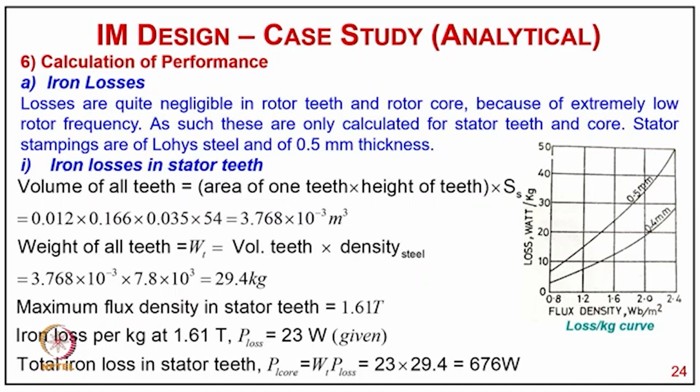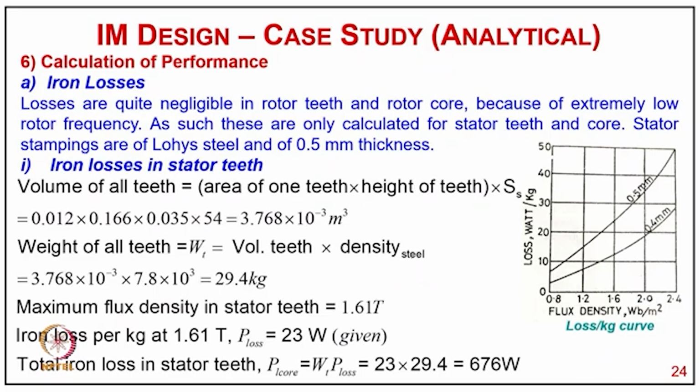So coming first to the iron loss in the stator teeth, the volume of all the teeth will be the area of one tooth multiplied by the height of the tooth, and that's a volume, multiplied by the number of teeth, that is SS, the number of stator slots. Keeping the values, it comes to 3.768 into 10 power minus 3 meter cube, and the weight of all the teeth is this volume multiplied by the density of the steel. Keeping the values, it comes to 29.4 kg, and the maximum flux density in the stator teeth is 1.61 Tesla, which we estimated.